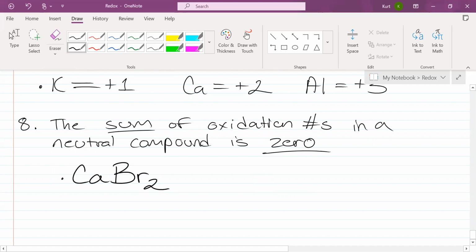Just by looking at how I wrote calcium bromide, does it have a charge or is it neutral? This is so important. Year after year, when I teach this class, the majority of the class is quiet when I ask that question, and it just happened here. How can you tell that this compound is neutral, Max?